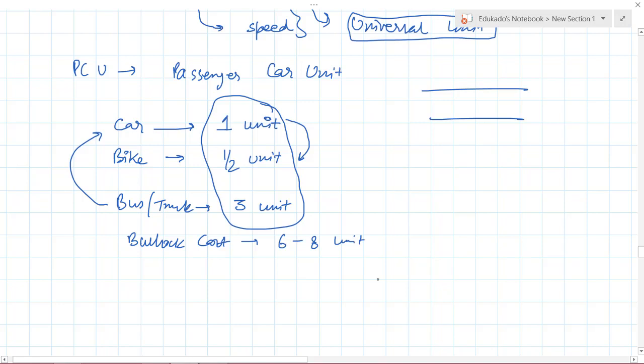So the bullock cart must consider the factor of size as well as speed. That's why such things are given much higher PCU values. This represents that a bullock cart is equivalent to about 6 or even 8 cars moving at a time on the road, so it will cause much more traffic jam and congestion. But the bike is only 0.5 unit. So these are the PCU factors.